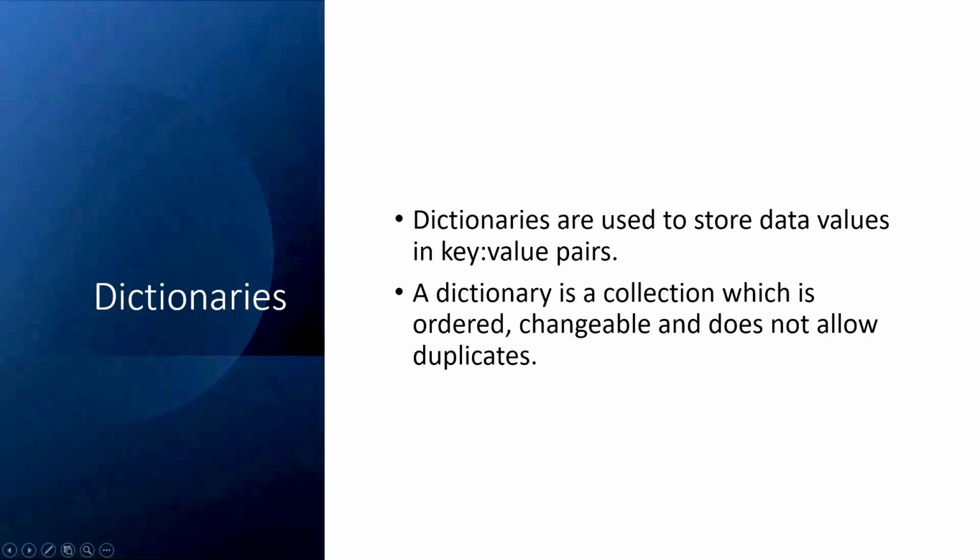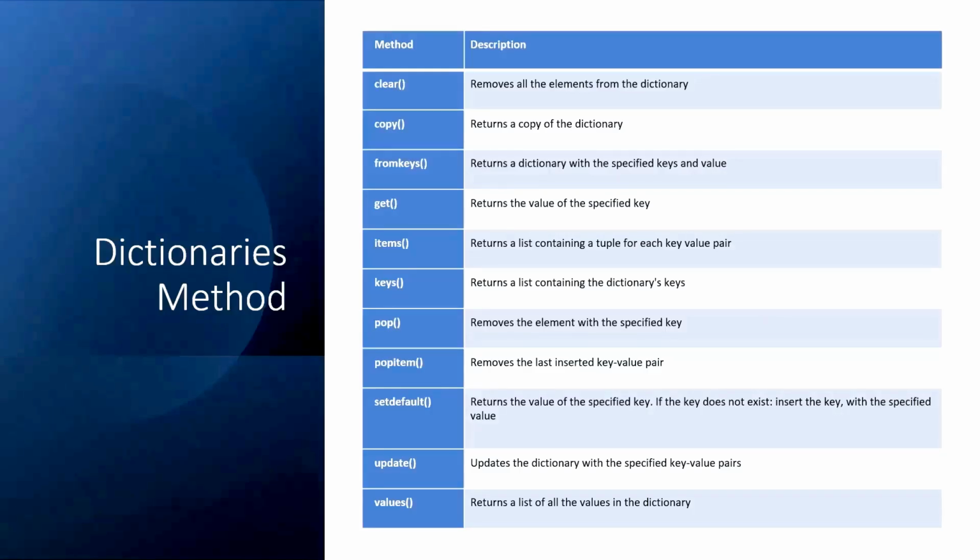Now, any data type which is changeable, Python will have to provide you with methods which will allow you to change it. So what we will see are the methods which Python will provide you, for example, clear or pop or popitem, update and all that. That is all for changeable.